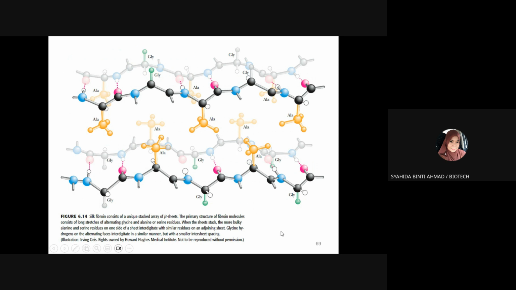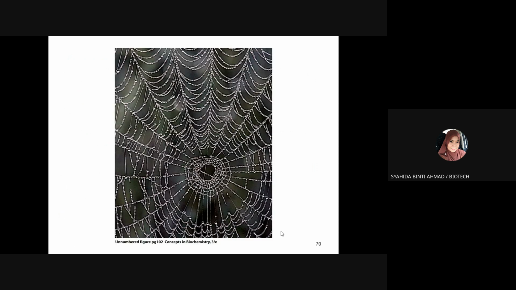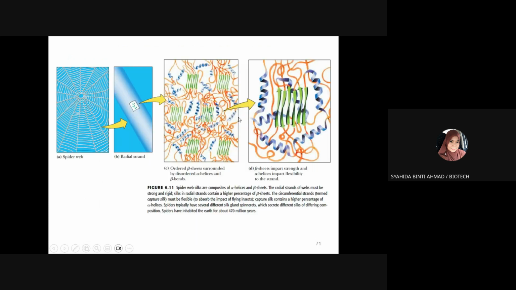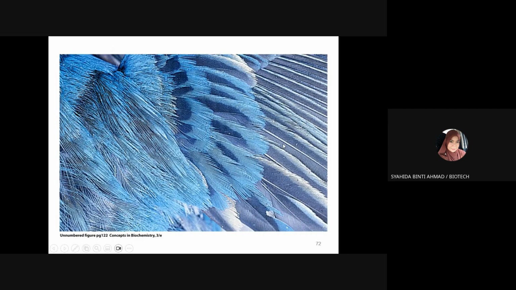And this is just to show you that the spider web is made up of anti-parallel beta sheet, and to show you the position of the beta sheet surrounded by the alpha helix and beta bands. And also bird feathers are also made up of beta keratin.